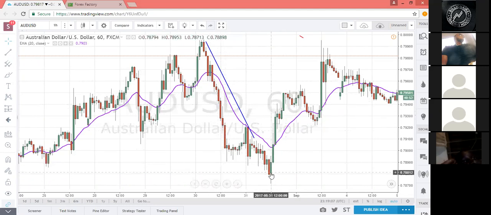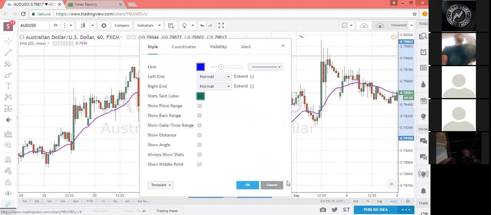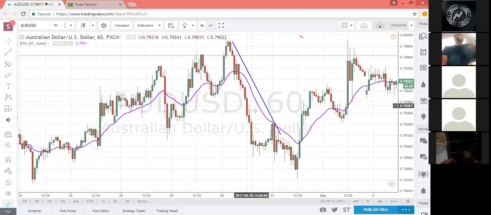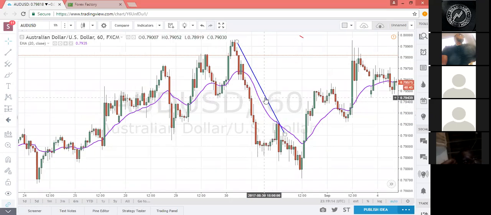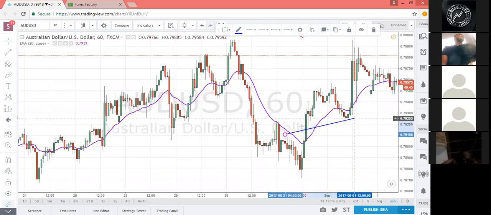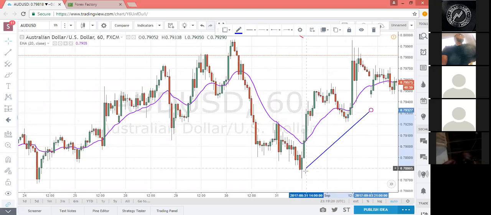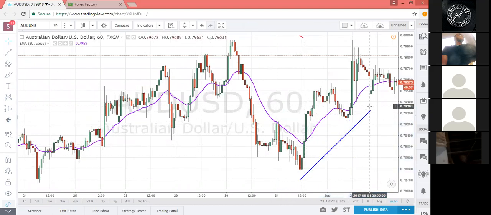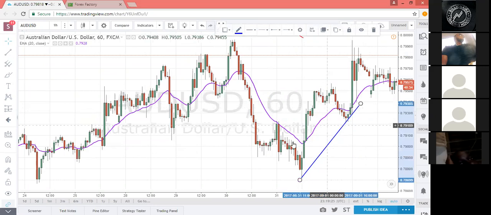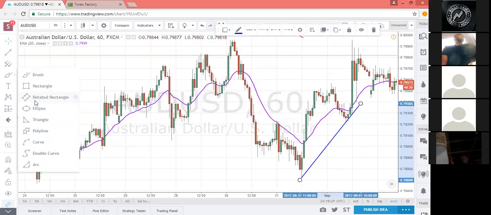And conversely, just like in this particular example, when it reached this low, see if I could draw the trend line from here to here. Let me see if I can insert.